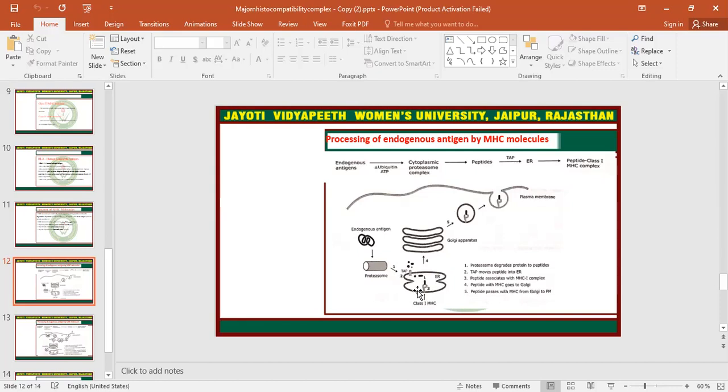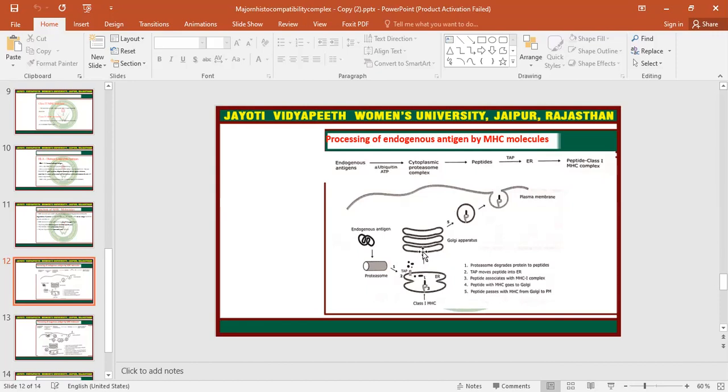Each class 1 MHC molecule is on the surface of the ER, and there is a peptide binding groove on the surface. On the peptide binding groove, the MHC class 1 molecule will bind a peptide and then move to the Golgi body. This is the Golgi body.